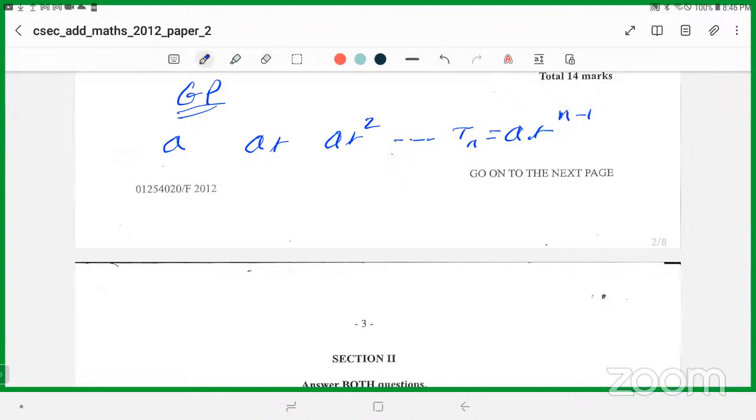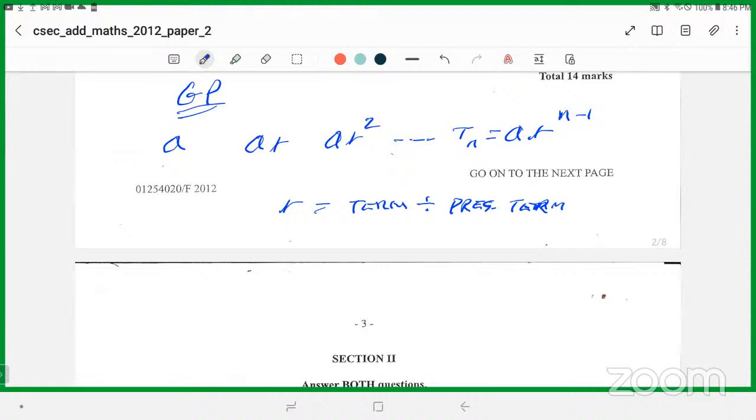For the GP, whereas for the AP you subtract to get the difference, a term minus a preceding term, for the GP the common ratio is a term divided by the preceding term.